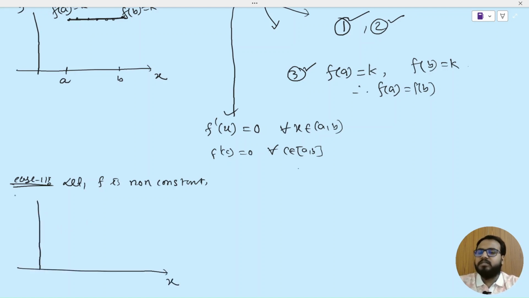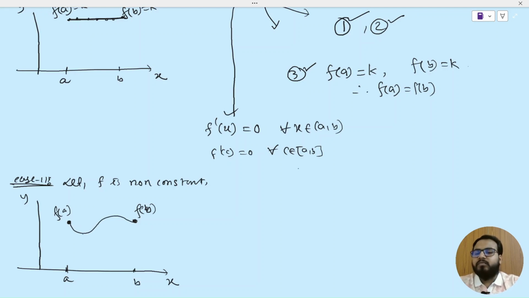Suppose this is the x-axis and this is the y-axis, and a is the point here and b is another point lying on the x-axis. Since f satisfies all the three conditions of Rolle's theorem, the value of f at the point a and the value of f at the point b are both the same. Since f is non-constant, it will look like this.